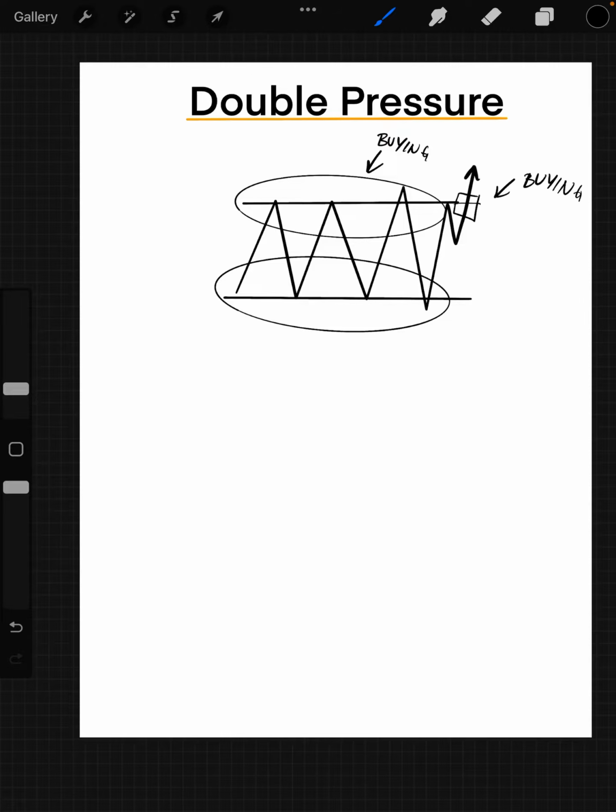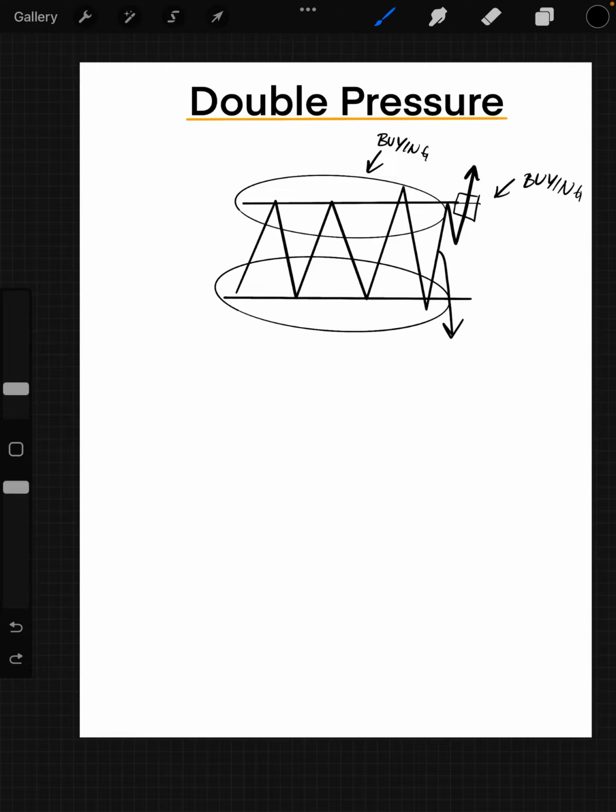And so you have both the bear and the bull joining forces, and that's where you get the double pressure from, where we're having way more buying than just normal, since we have the bears who are also exiting and contributing to the buying.